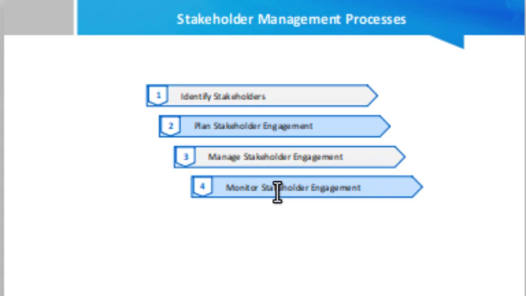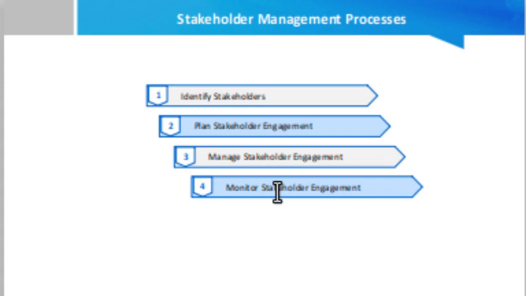It's also important that we are monitoring the effectiveness of the involvement of stakeholders. You are trying to assess whether the involvement of stakeholders is as per the requirement for the success of a project or not. If it is not, then you have to take corrective action to get the project back on track.